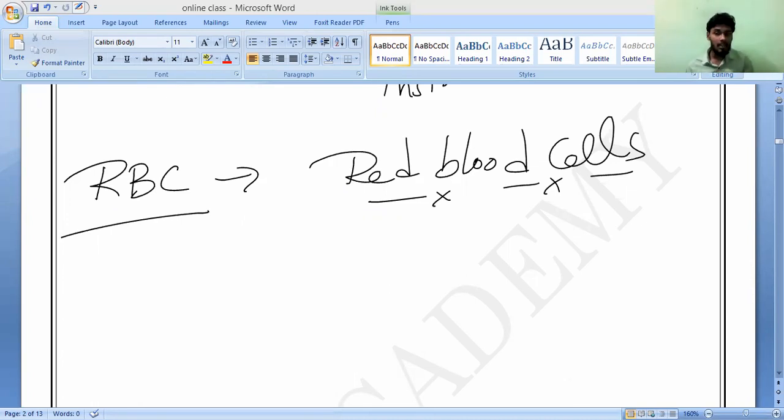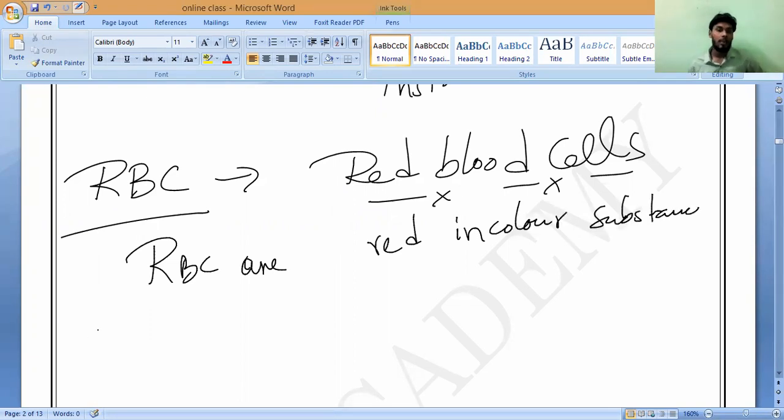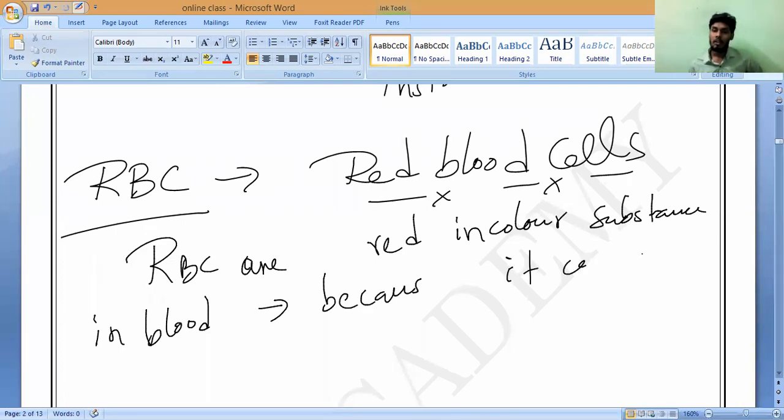Why are they red in color? That is what matters. RBC are red in color substances in blood. Why? Because it contains what? Hemoglobin.